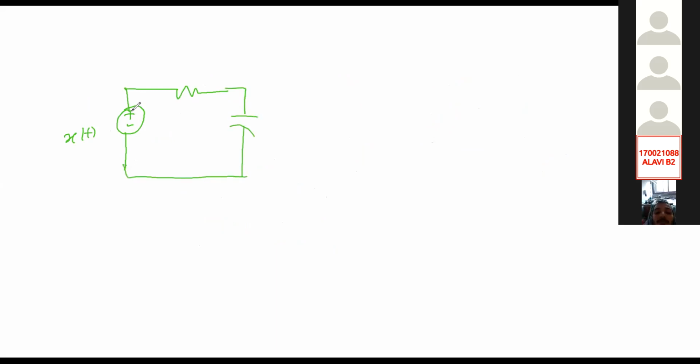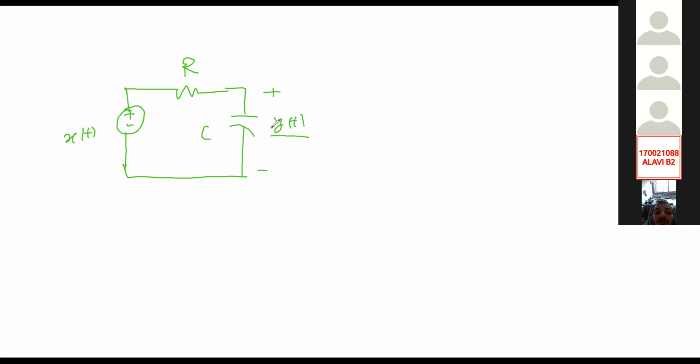I have discussed earlier that this is an RC circuit, a simple first order circuit, and if you want to find the output y(t) at this location, didn't we discuss impulse response in the last class? Yes, sir. Okay.